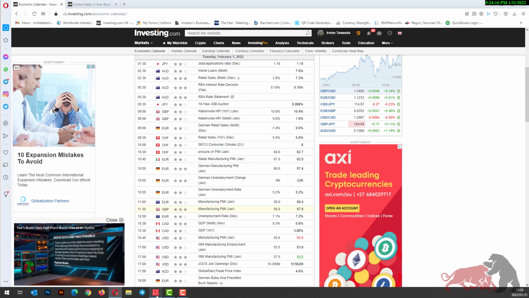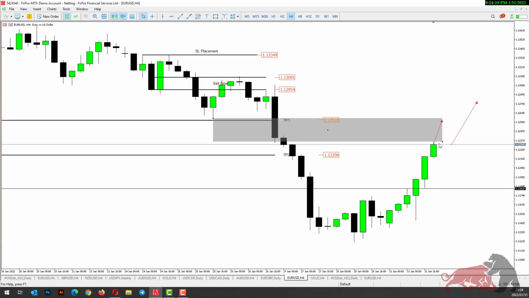Now, when that happens, I'll have to take note of where Euro USD is trading, right? Because it's quite a long way to 11 o'clock tomorrow morning. There's quite a bit of movement in price that's going to happen.